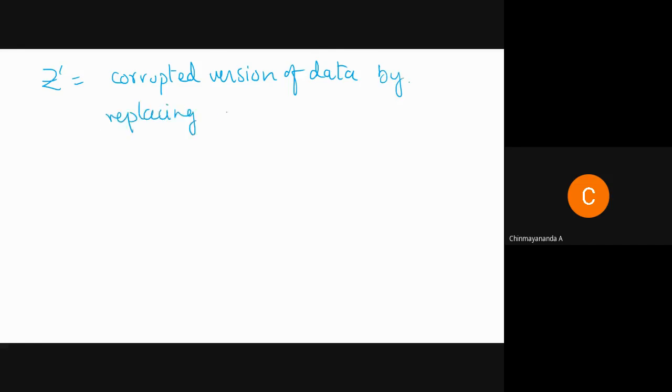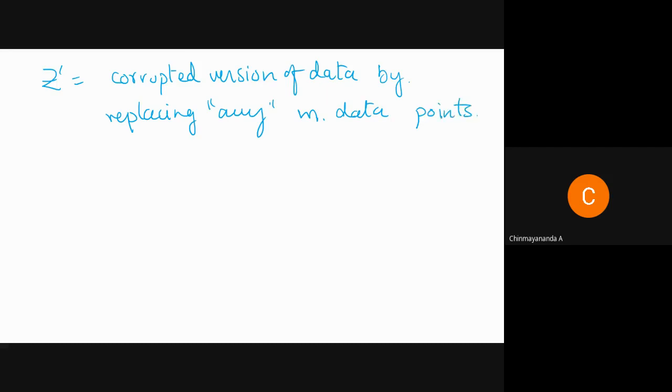Now let us corrupt these samples. This is a corrupted version of the data, which is arbitrarily corrupted, by replacing any m data points.